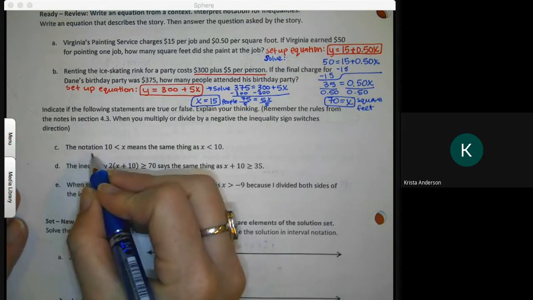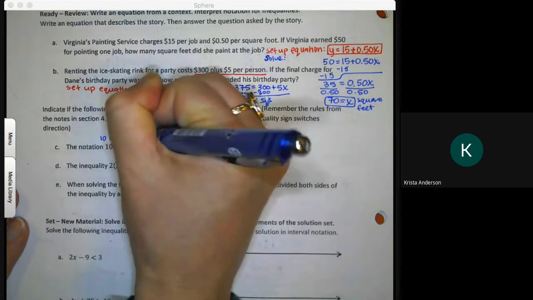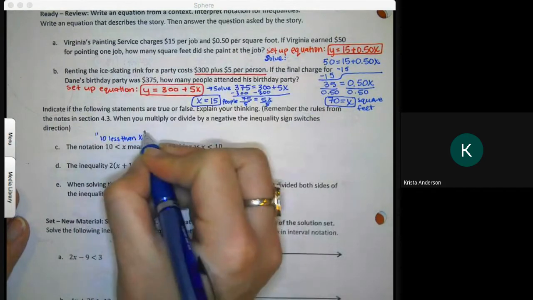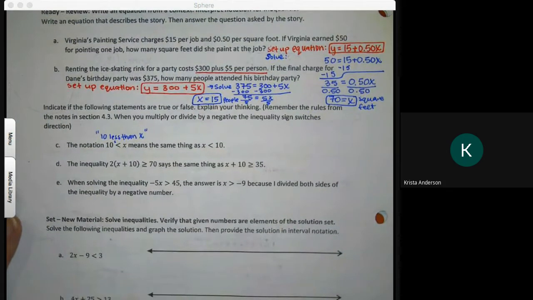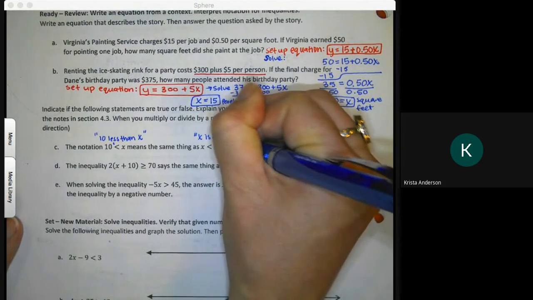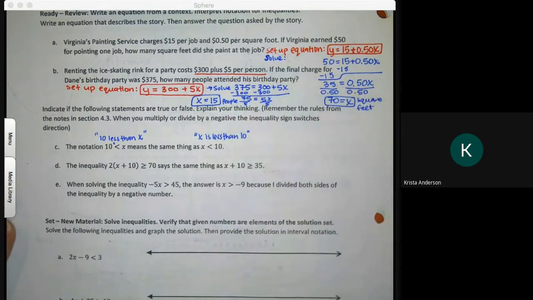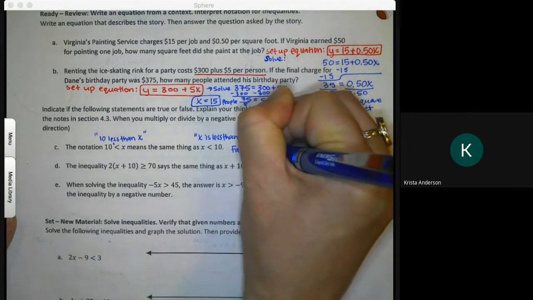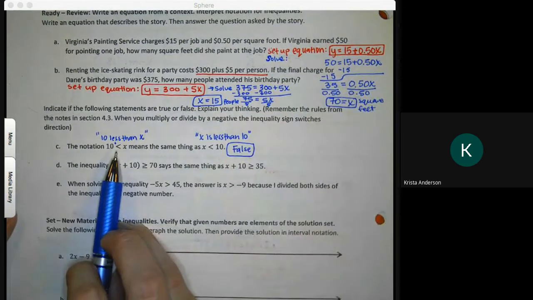The notation 10 is less than x, that's what this means. 10 is less than x means the same thing as x is less than 10. That would be false.